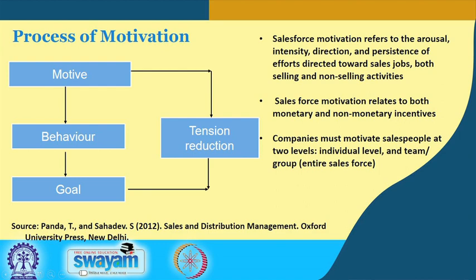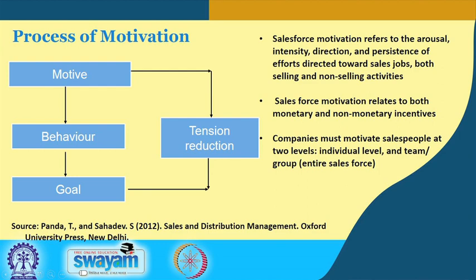Now, again, Salesforce motivation relates to both monetary and non-monetary incentives, and companies must motivate their salespeople at two levels. One, at the individual level, based on the salesperson's own productivity and performance in the field, and two, the team or the group level, which would be in terms of the entire sales force being rewarded by the organization to keep them motivated.